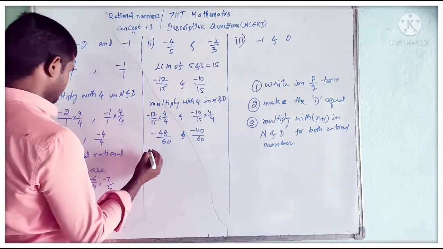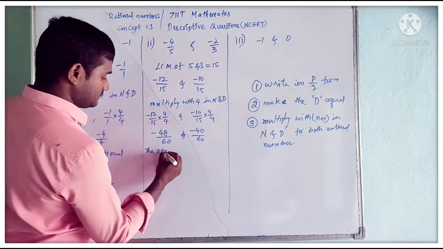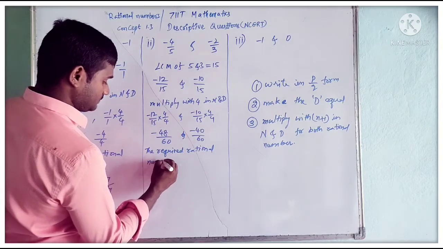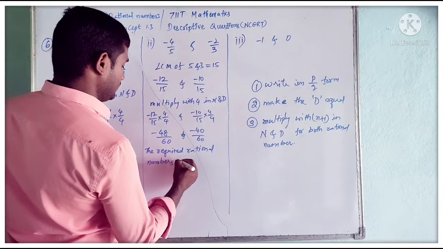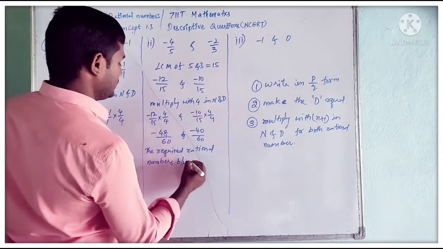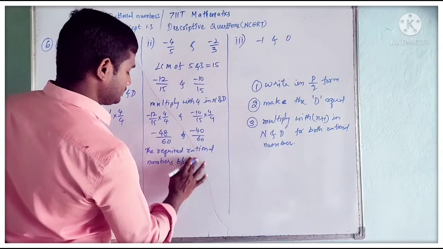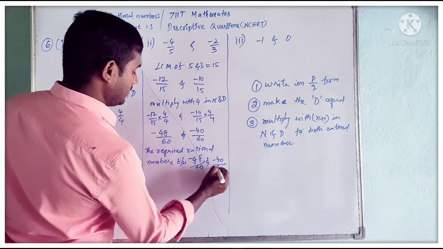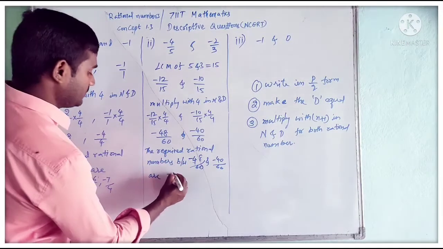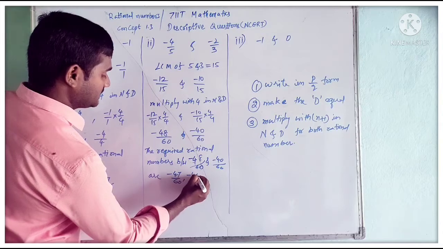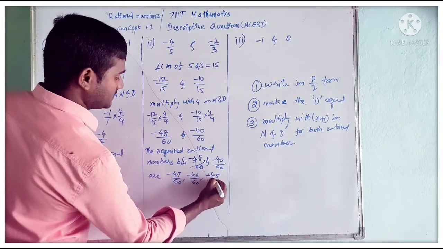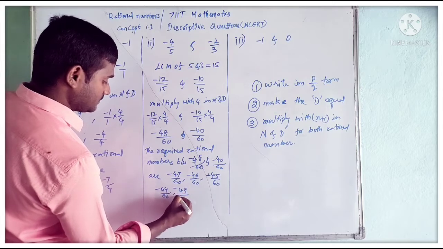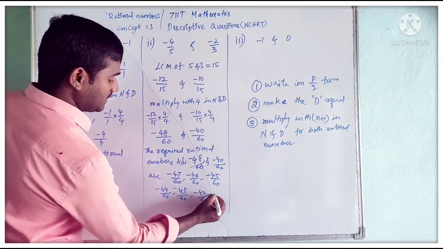So the required rational numbers between minus 48 by 60 and minus 40 by 60 are: minus 47 by 60, minus 46 by 60, minus 45 by 60, minus 44 by 60, minus 43 by 60, minus 42 by 60, minus 41 by 60.